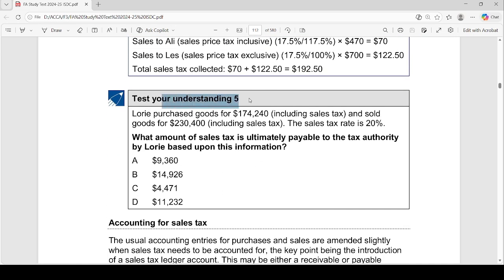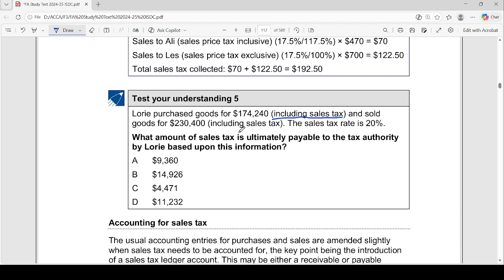And we have the test your understanding fifths. Let's do it together. Loria purchased goods for $174,240, including sales tax. This means here it is gross amount, right? And sold goods for $230,400.